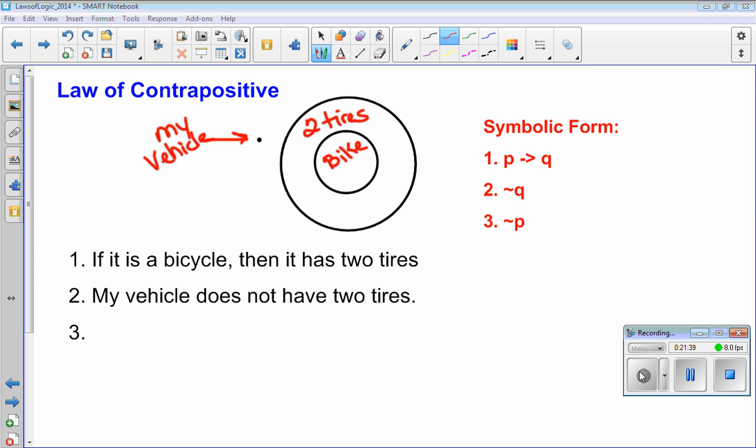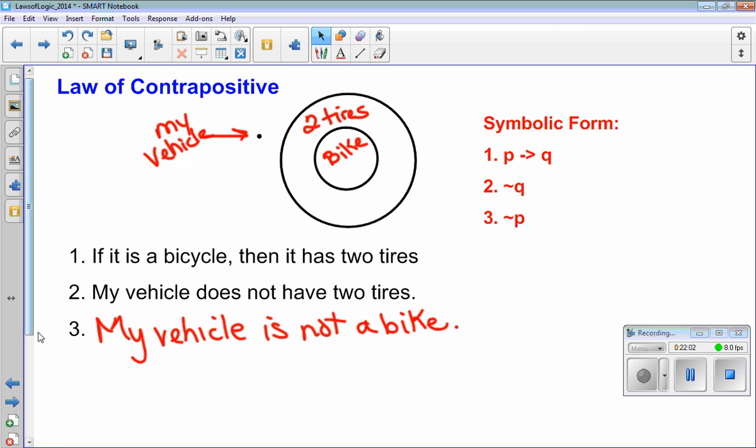It could have 2 tires. So it has to be all the way on the outside. If my vehicle does not have 2 tires, what also does it not have? Or what also can it not be? A bike. So my vehicle is not a bike. True? Not a bike. Okay.